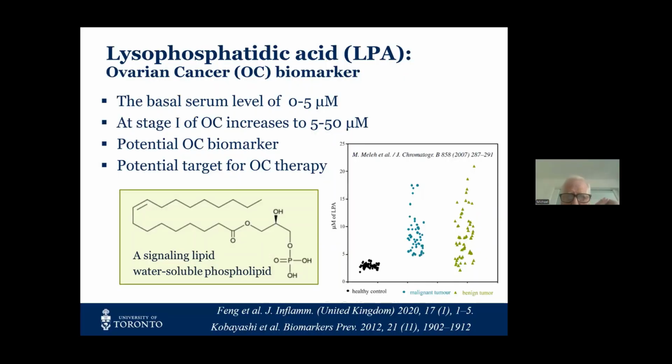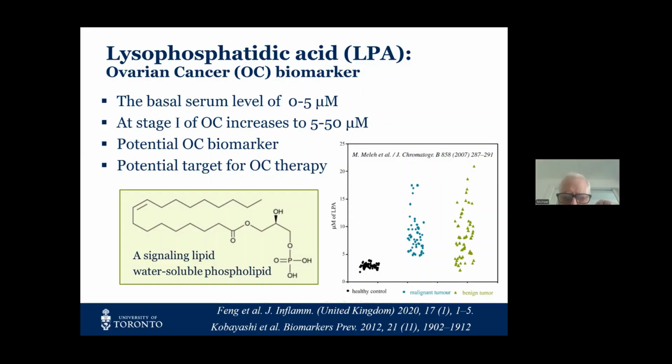And this is lysophosphatidic acid, whose serum level is about 0 to 5 micromolar. The concentration of this particular marker does in fact match the progression of the disease rather well, up to when you get to higher stages, where it gets to 50, 60, 70 micromoles per liter.